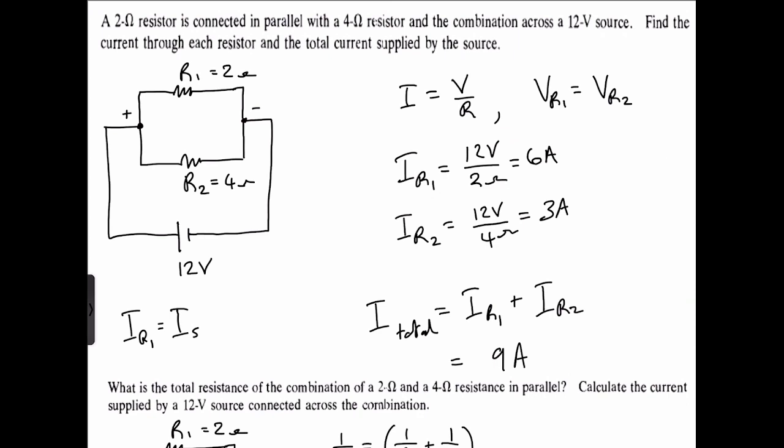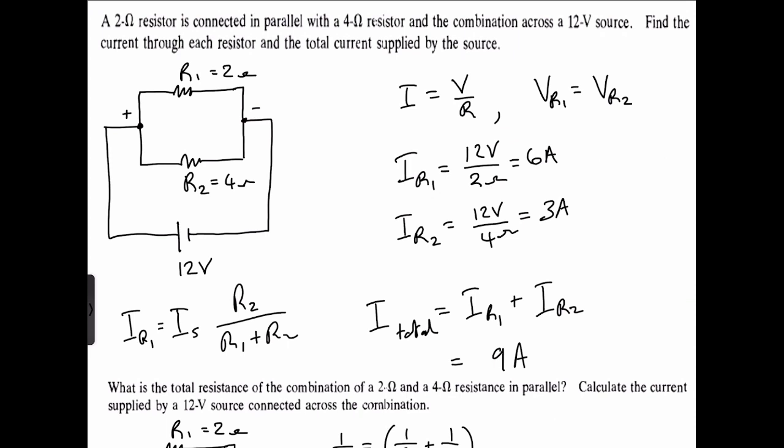And remember that when it's parallel, the numerator is interchanged. So the targeted resistor will be different. So here we'd have R2 all over R1 plus R2.